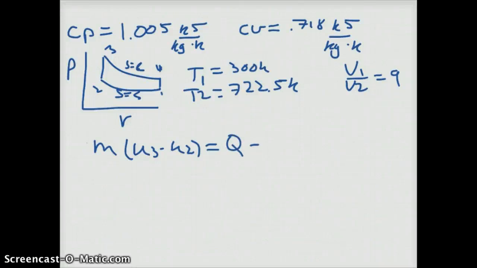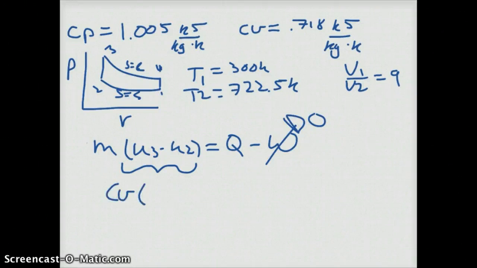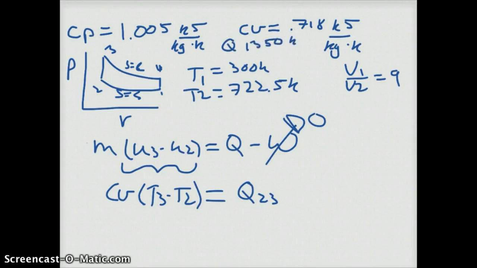Our work is 0, so this whole mess is equal to CV times T3 minus T2, and that's going to be equal to our Q23, which we already know to be 1350 kilojoules per kilogram.